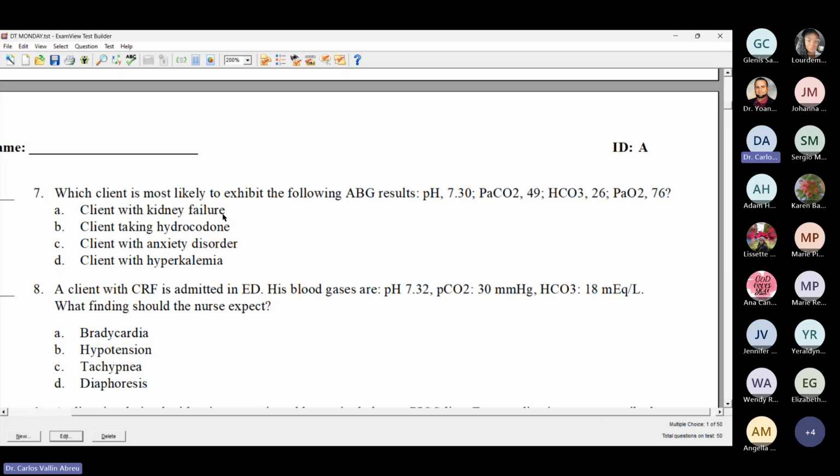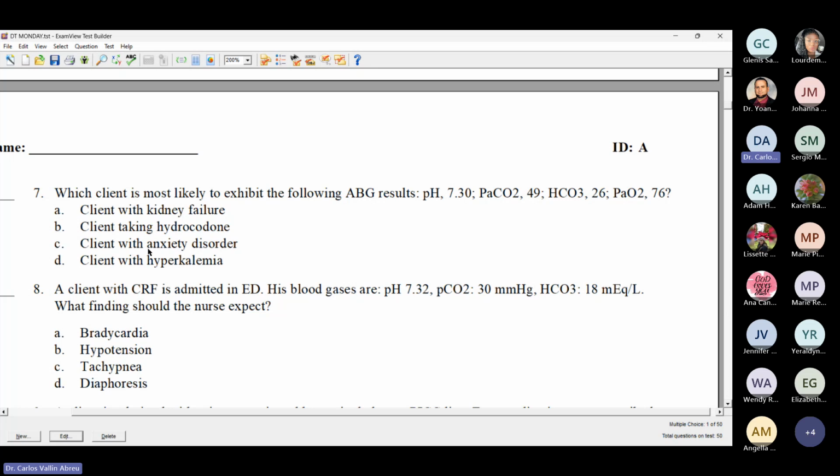Kidney failure produces metabolic problems and specifically metabolic acidosis. Client taking hydrocodone. Hydrocodone is a commonly used opioid. Opioids have the potential of producing respiratory depression and hypoventilation. The hypoventilation produces retention of CO2, and the retention of CO2 produces acidosis. So probably this is the client.